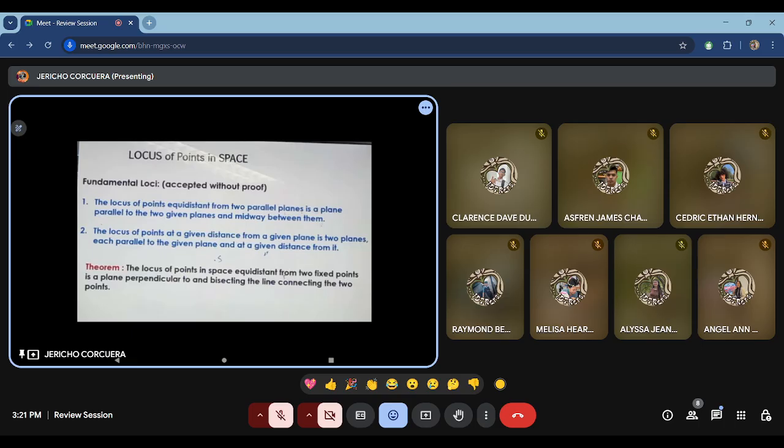Yeah, we have the locus of planes here. Because from a given plane, it's two planes. It can be from one side and the other side. There are two sides, each parallel to the given plane and at the given distance from it. The locus of points in space equidistant from two fixed points is a plane perpendicular to and bisecting the line connecting the two points. Next.